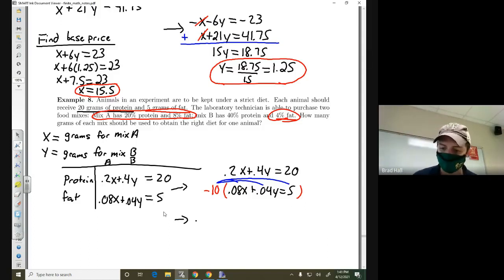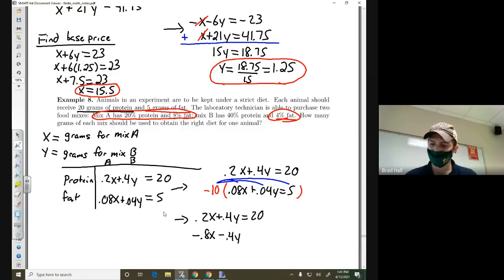So the top equation stays the exact same. So what happens to the bottom equation? Negative 10 times 0.08 is negative 0.8, minus, well, negative 10 times 0.04 is just 0.4. So notice that's exactly what we wanted. And that's equal to negative 50.